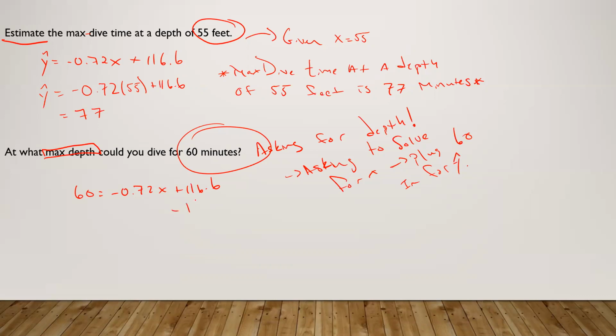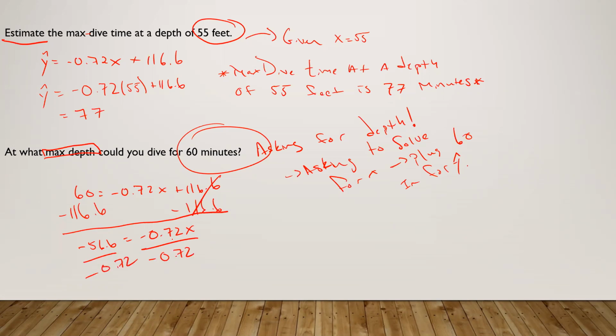So 60 for y hat. The first thing you're going to do is subtract 116.6 from each side. These are gone. I think you get minus 56.6. Then divide each side by negative 0.72. A negative divided by a negative will become a positive.